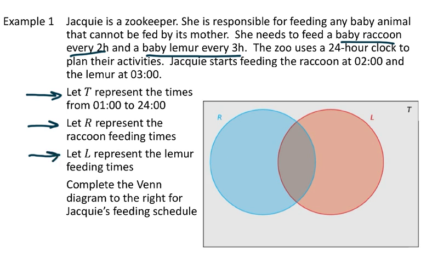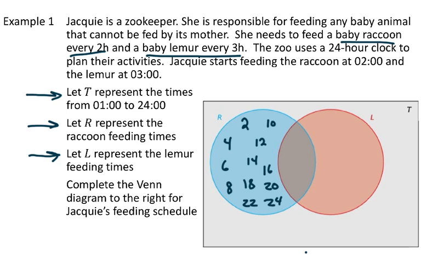Now, assuming that we're going to feed the raccoon starting at midnight, which would be just outside of our universe, the raccoon will be fed at 2 a.m., 4 a.m., 6 a.m., 8, 10, 12, and since we're using a 24-hour clock, 14, 16, 18, 20, 22, and midnight of the day would be 24.